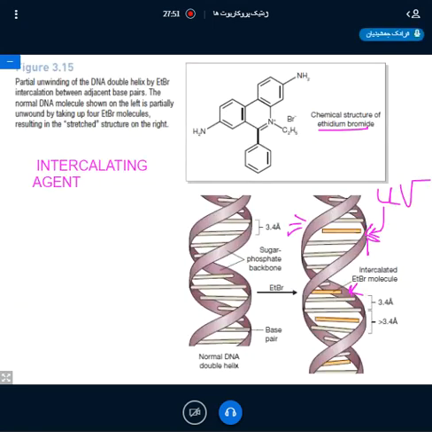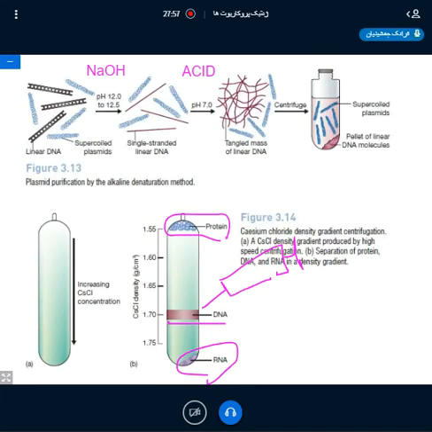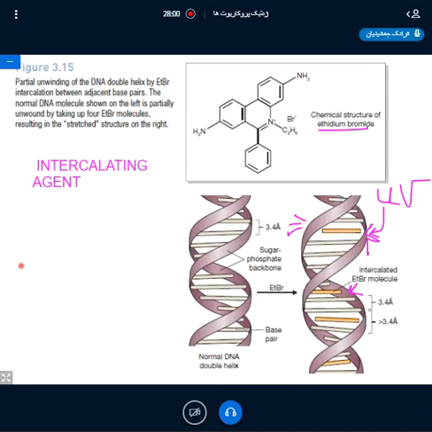If we add ethidium bromide to the plasmid and to the chromosome of the bacteria, which density decreases more? Please answer my question.